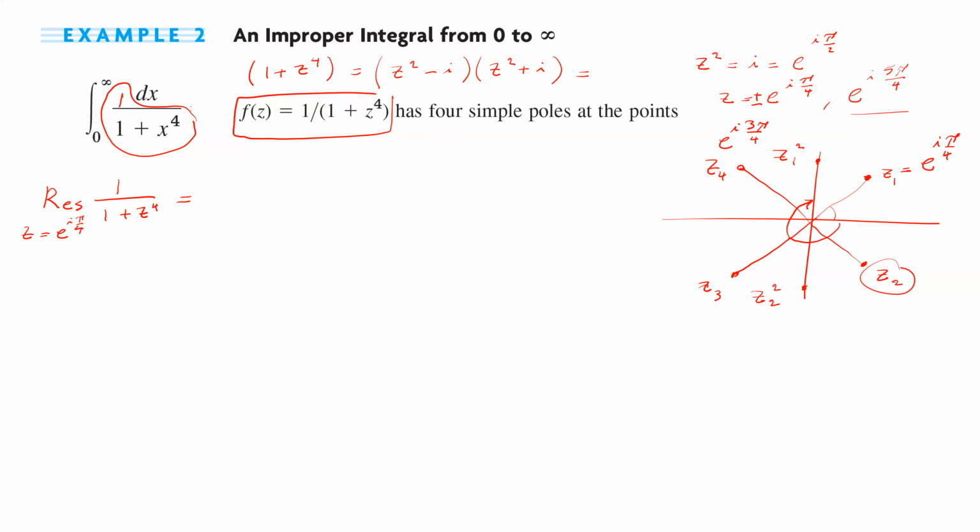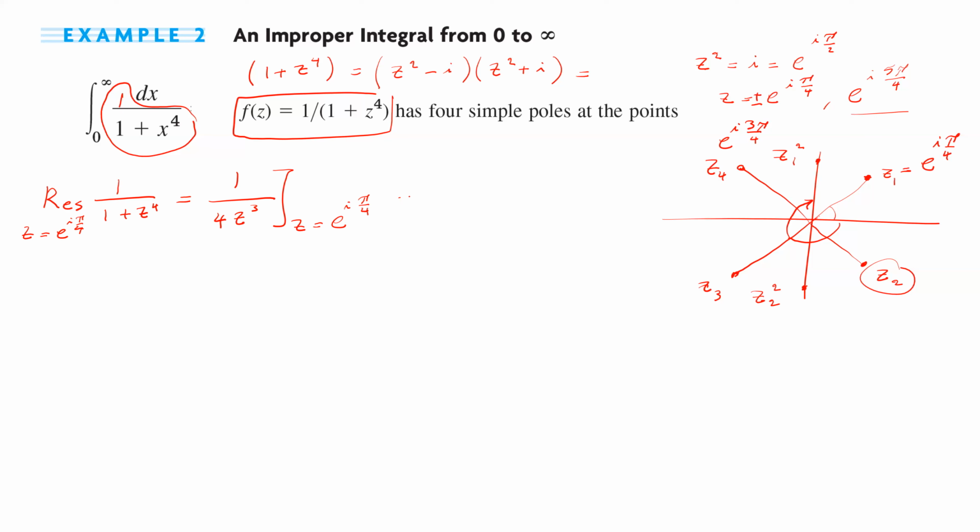Remember, this is a rational function. We can do p over q. We can do p at z naught divided by q prime at z naught. So it becomes 1 over 4 z cubed evaluated at z equal to e to the i pi over 4.